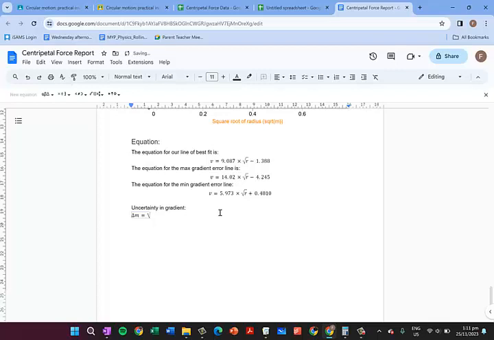So backslash, and if I write frac, it gives me a fraction. And then I'm going to write 14.02 minus 5.973 divided by 2. That's half the range of the gradients. That's my uncertainty in the gradient.